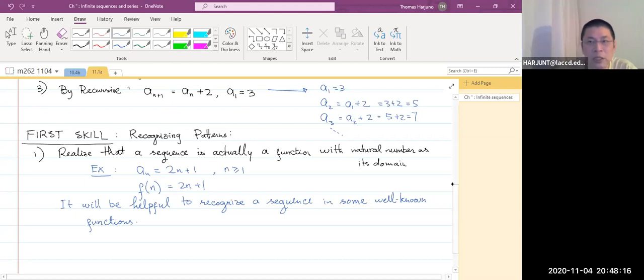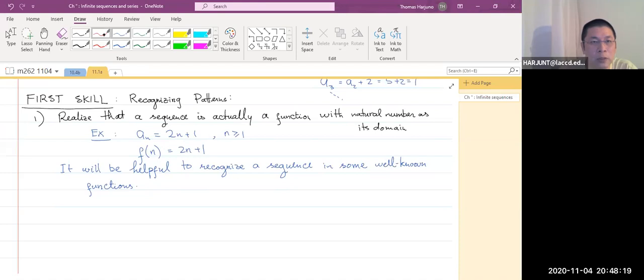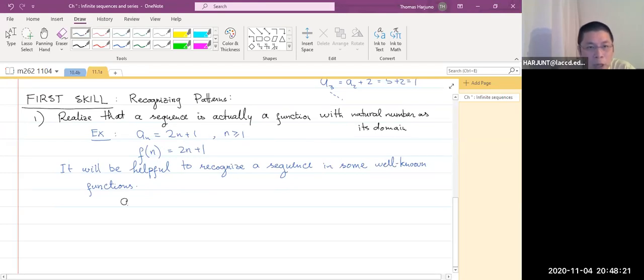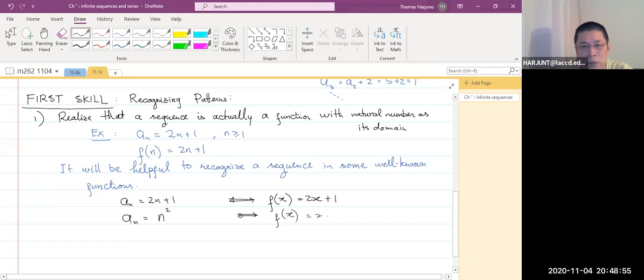For example, the sequence we have earlier, a sub n equals 2n plus 1, has something to do with f of x equals 2x plus 1. What do you call that function? Linear function, right? And then how about a sub n equals n squared? That has something to do with f of x equals x squared.